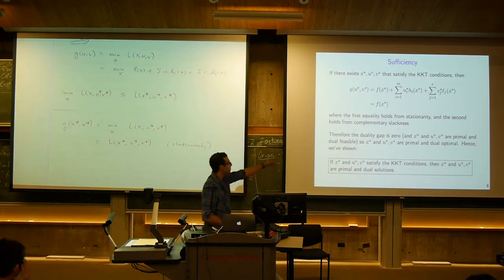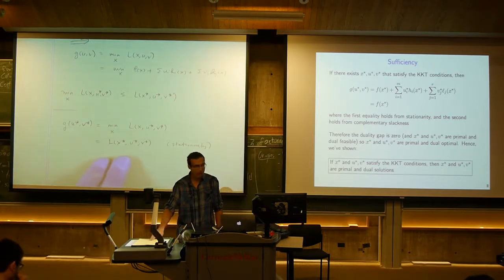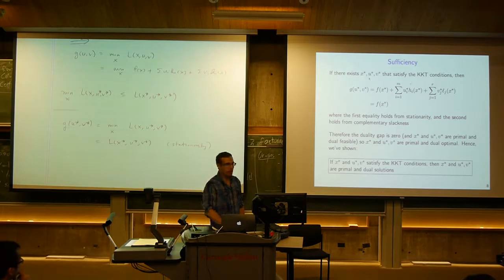And that's just that first line, writing out what the Lagrangian is. So we actually know that the dual function at u star, v star is equal to f of x star plus the sum of u_i h_i plus the sum of v_j l_j.